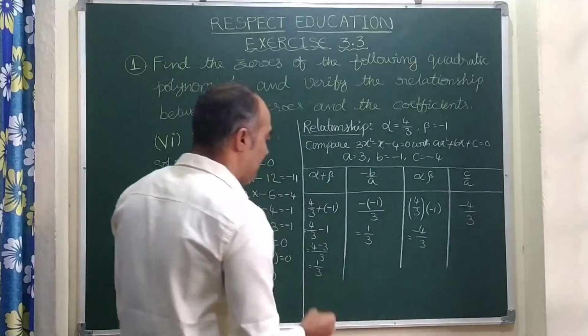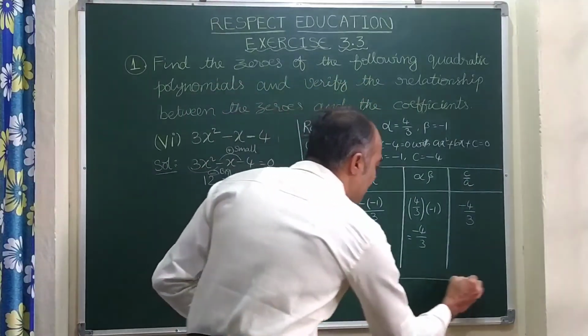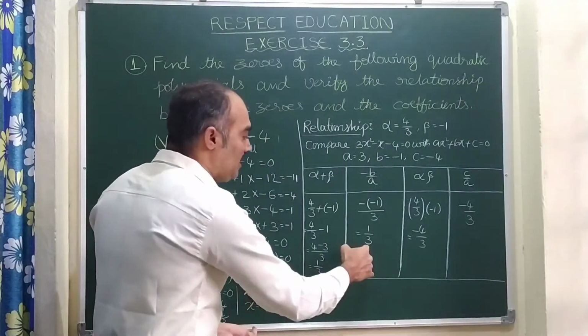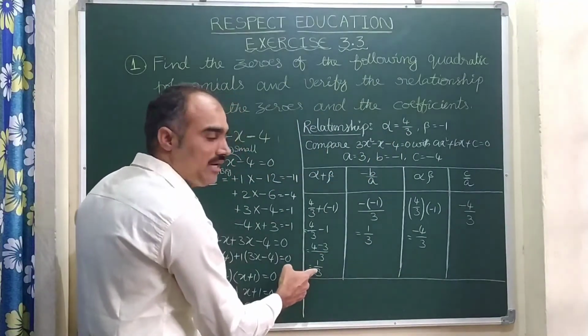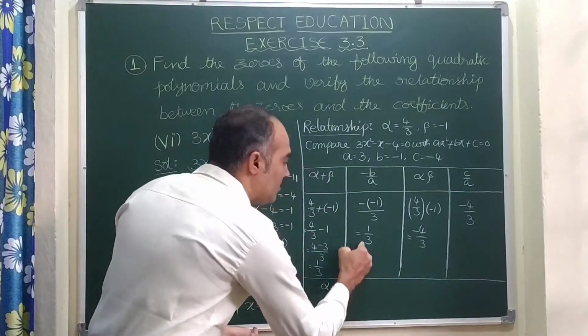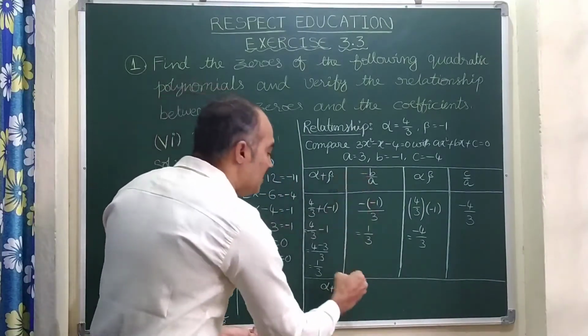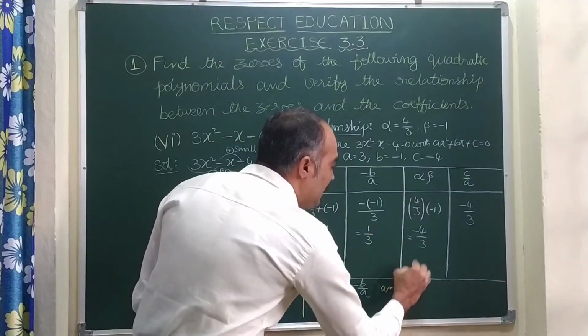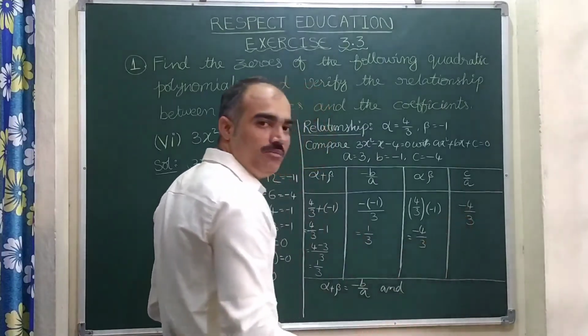Just compare here. When we compare 1 by 3 and 1 by 3, these two are equal. This 1 by 3 is alpha plus beta, so alpha plus beta is equal to this 1 by 3, which is minus b by a. And minus 4 by 3 and minus 4 by 3 are both equal.